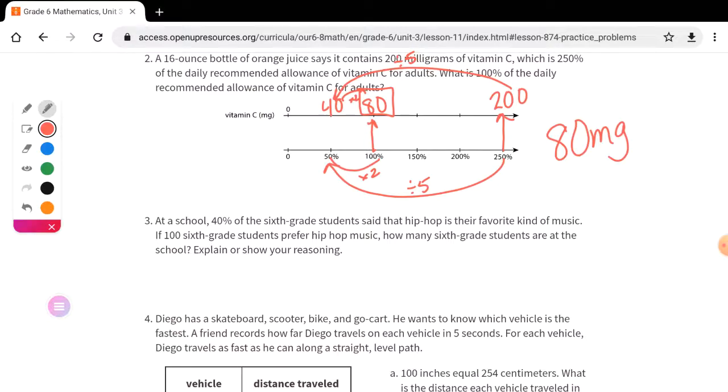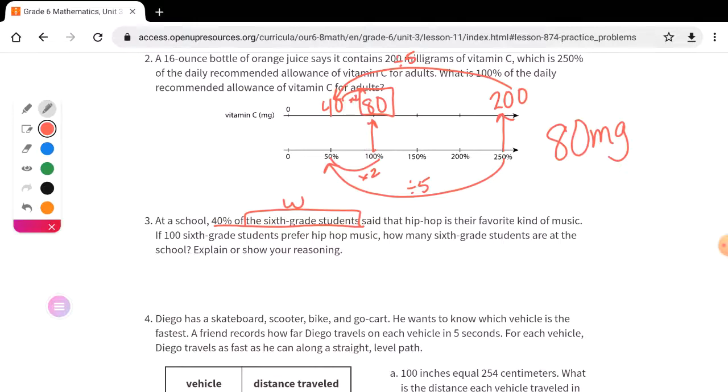I'm going to underline this right here. 40% of the 6th grade students tells me the total of 6th grade students is my what? My whole. So the 100 has to be my what? Is it a part or a whole? It's my part, because it's the part of the whole that likes hip hop music.